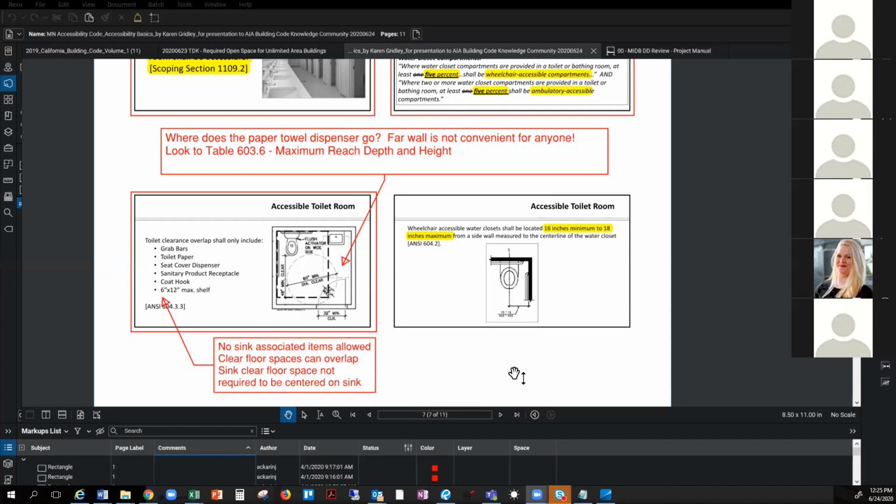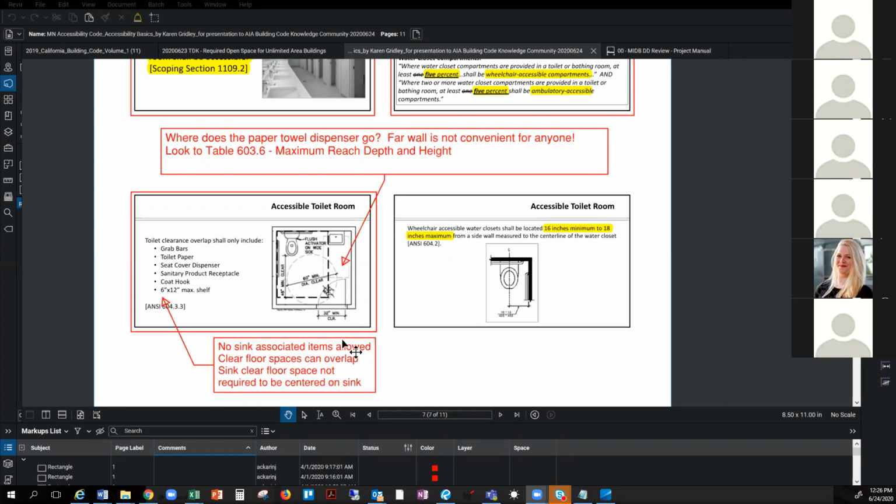I just had this conversation with one of my colleagues here about that provision, how it's listed in their cut sheets. You could, in fact, put a paper towel dispenser on the side of the sink, which probably makes the most sense. But some people would look at this and say, well, it says you can't have any obstructions in your path. Well, if you put it over on the opposite side away from everything, it's not practical.